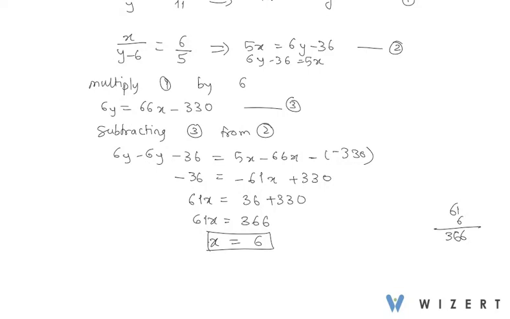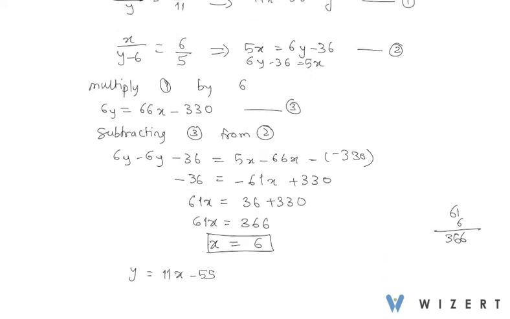So since x is 6, we can find value of y by y equal to 11x minus 55 using equation 1. So y equal to 11 into 6 is 66 minus 55, which is equal to 11.